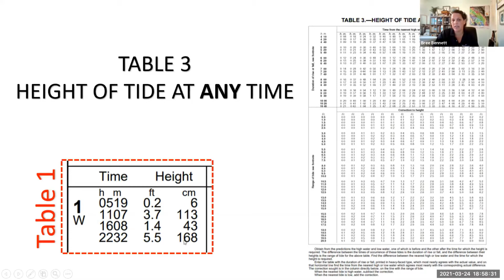This third column that table 1 tells us is in centimeters. We're not going to work in centimeters. We're just looking at the time and the feet. So if we want to know something in between, whether it's in between on the feet side or in between on the time side, we go to table 3.